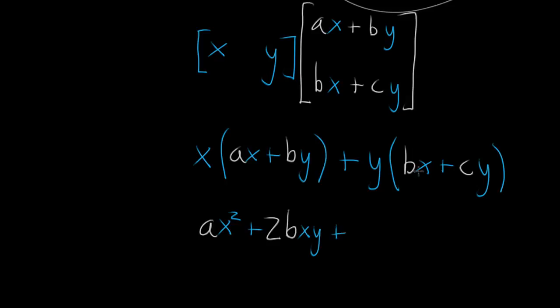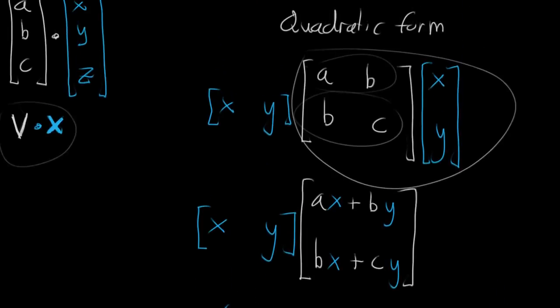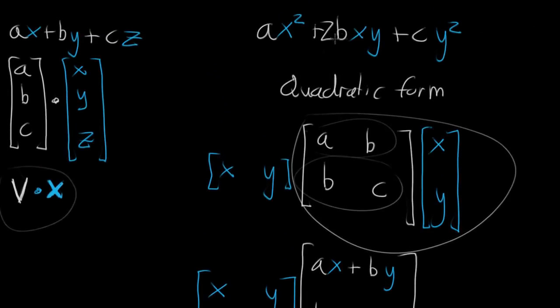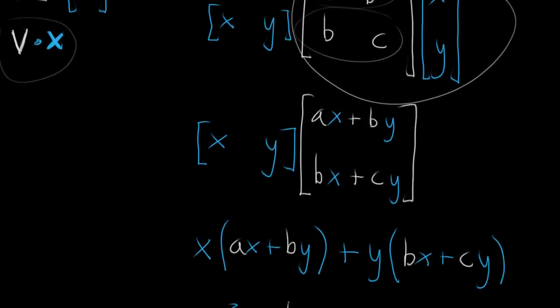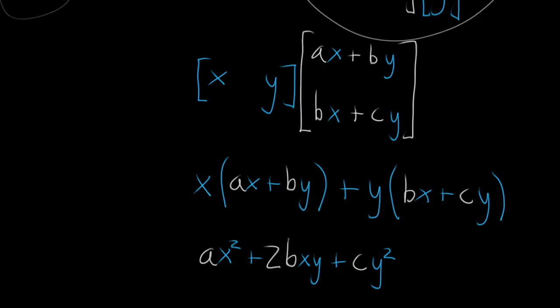And then the last term is y times c times y, so that's cy squared. So we get back the original quadratic form that we were shooting for: ax squared plus 2bxy plus cy squared. That's how this entire term expands. As you work it through, you end up with the same quadratic expression.